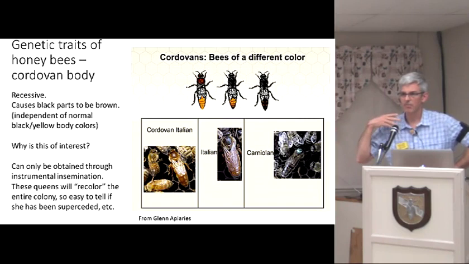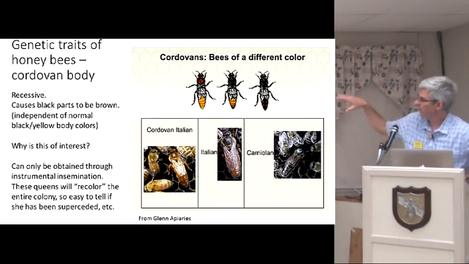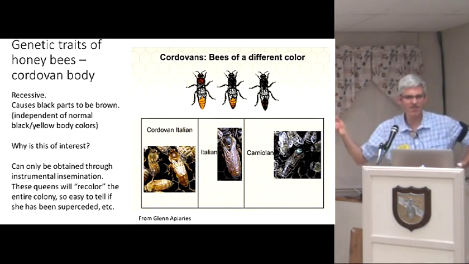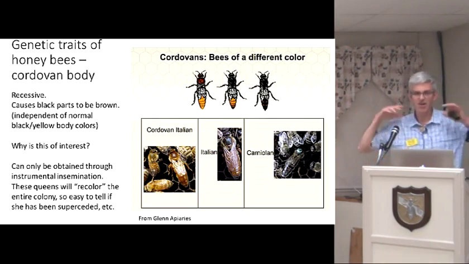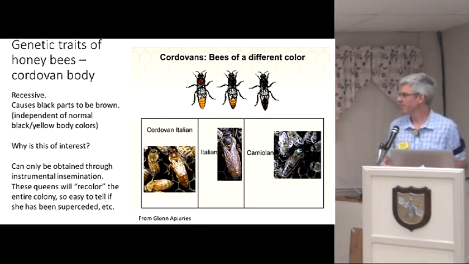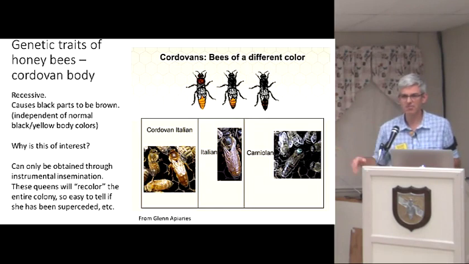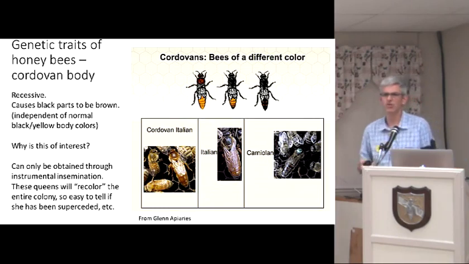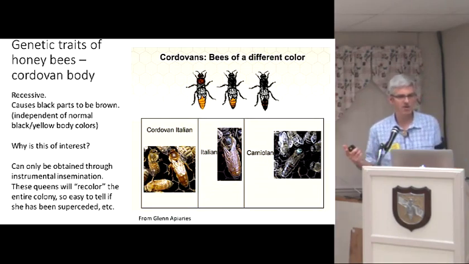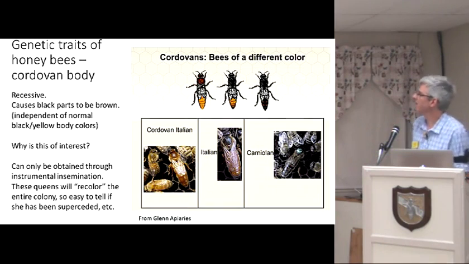And as long as, I suppose, the drones have to be selected, the cordovan drones, so you get 100% offspring, all cordovan. And so if she gets replaced or superseded, at a glance, you can just look at the entrance of the hive and start seeing, oh, we're starting to get other colors here, something's wrong, and I have to redo my experiment. So, yeah, it doesn't seem to have a functional effect on the other behaviors and things of the bee.